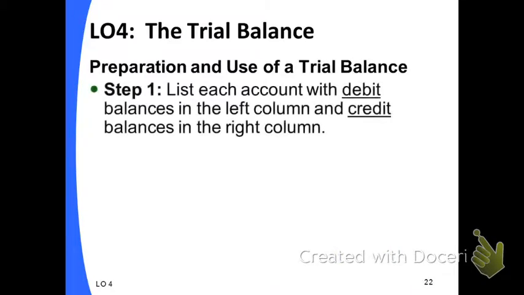So how do we prepare a trial balance? The first step in preparing a trial balance is to list each account in the chart of accounts with the balance for each debit in the left column and the balance for each credit in the right column.